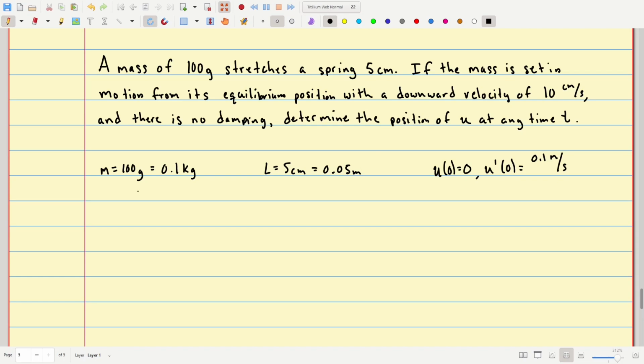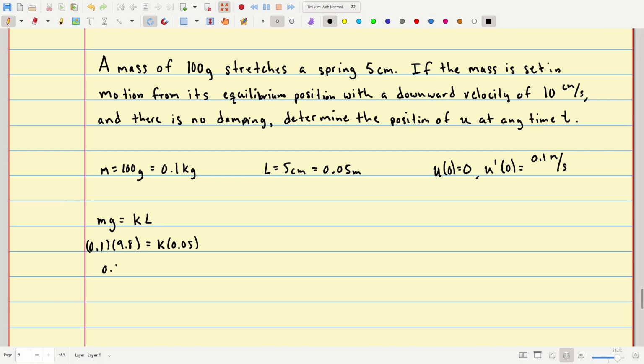So let's continue here. Now we know that mass times gravity needs to be equal to the spring constant times the displacement. Okay, sum of the forces is 0. So we're going to have our 0.1 kilogram mass, 9.8 meters per second squared as gravity, and that's going to be equal to K times 0.05 here.